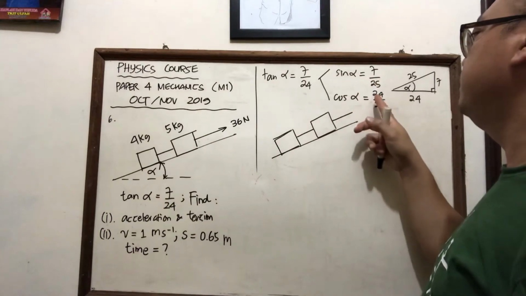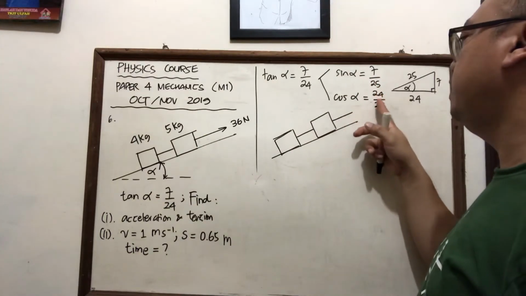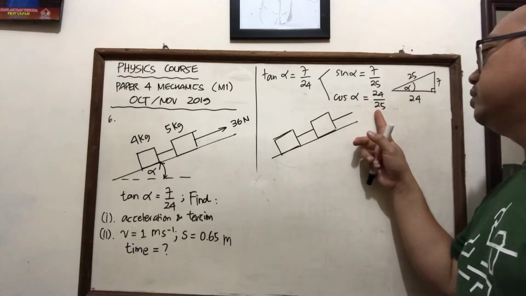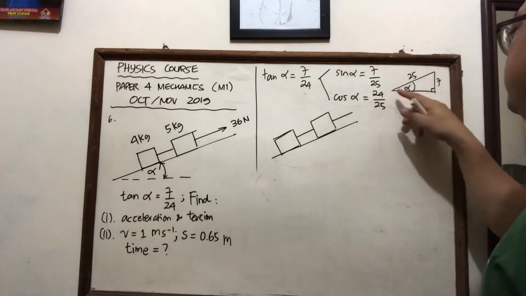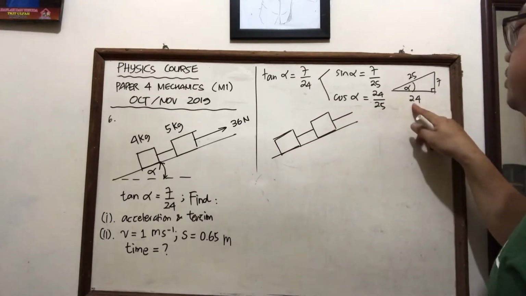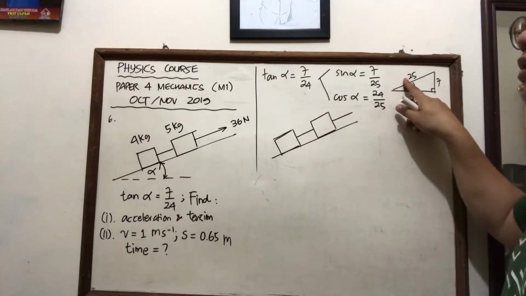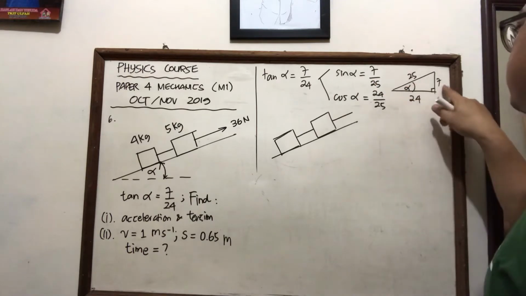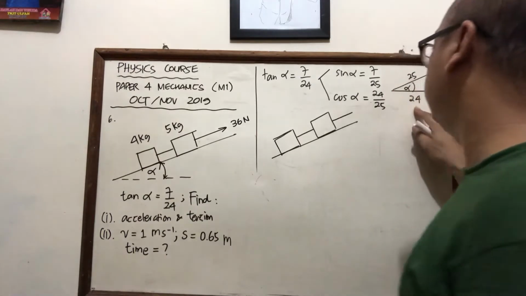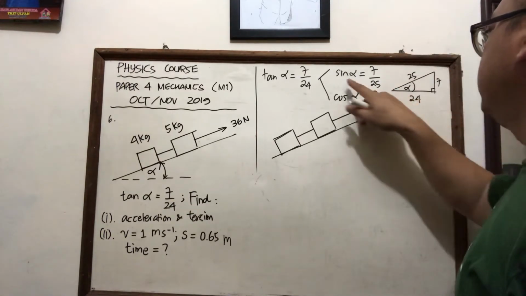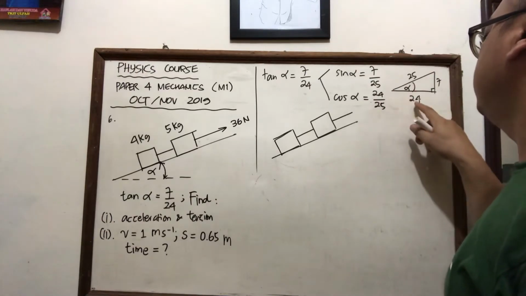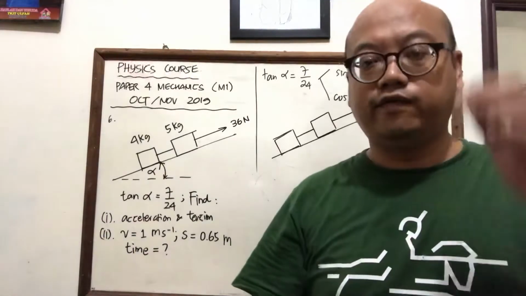Sine alpha is 7 divided by 25 and cos alpha is 24 divided by 25, because if the triangle looks like this, the tangent is 7 divided by 24, and the hypotenuse here is 25.